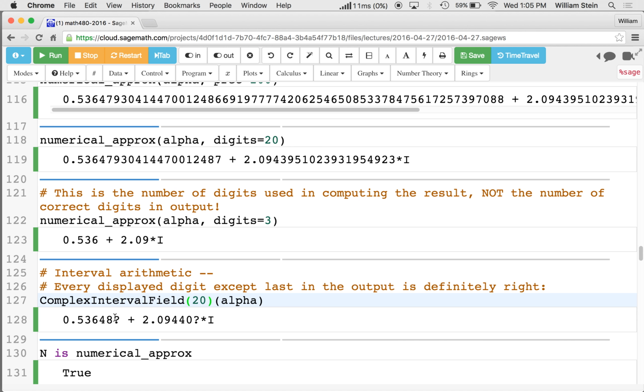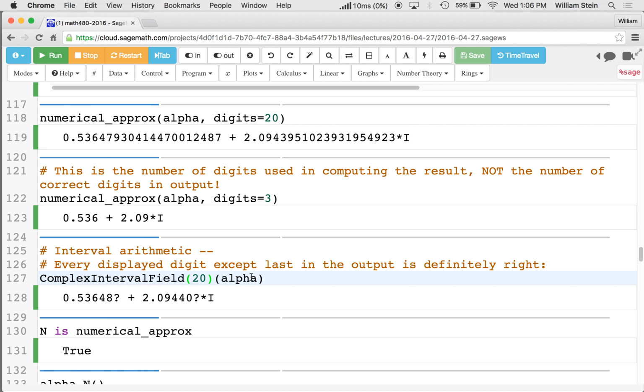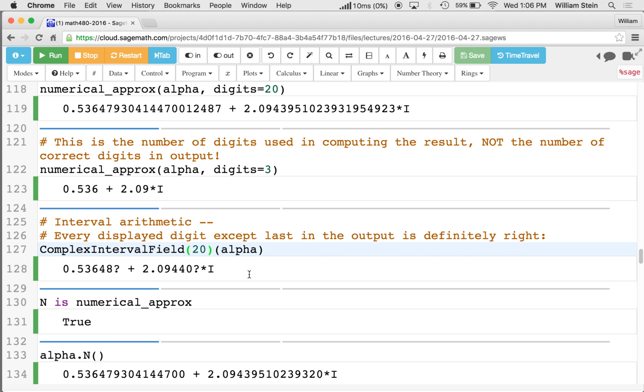The speed overhead in doing things this way is about a factor of 4, usually. So it's a little bit slower, but it might be fine for what you're doing. If you suspect rounding errors in something, there are techniques in Sage involving intervals to address them very easily.